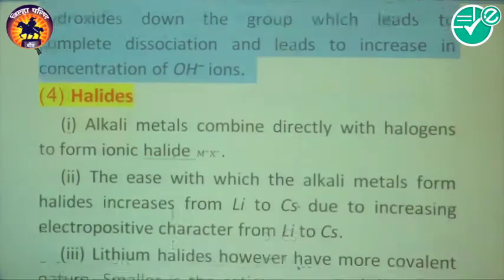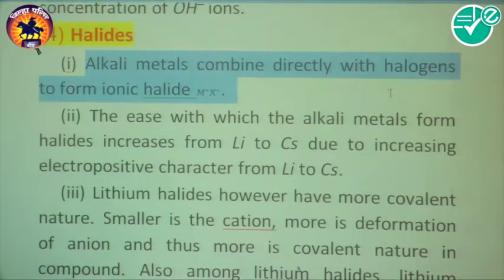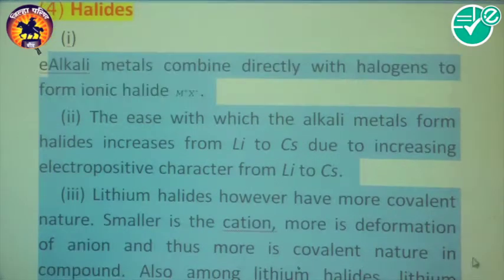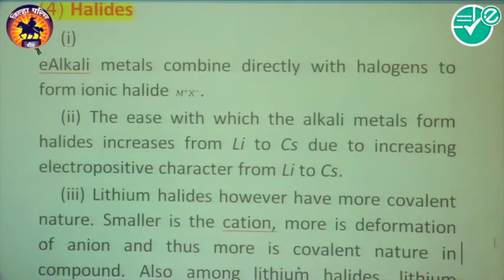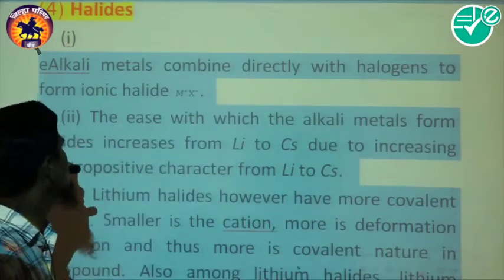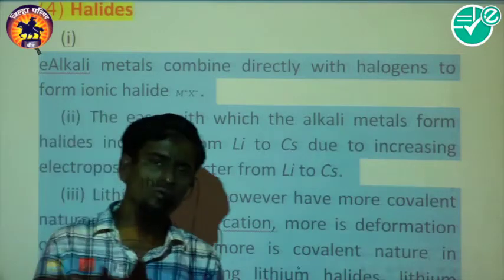Now come to the halides of alkali metals. You already studied in high school that alkali metals combine directly with halogens to form ionic compounds.